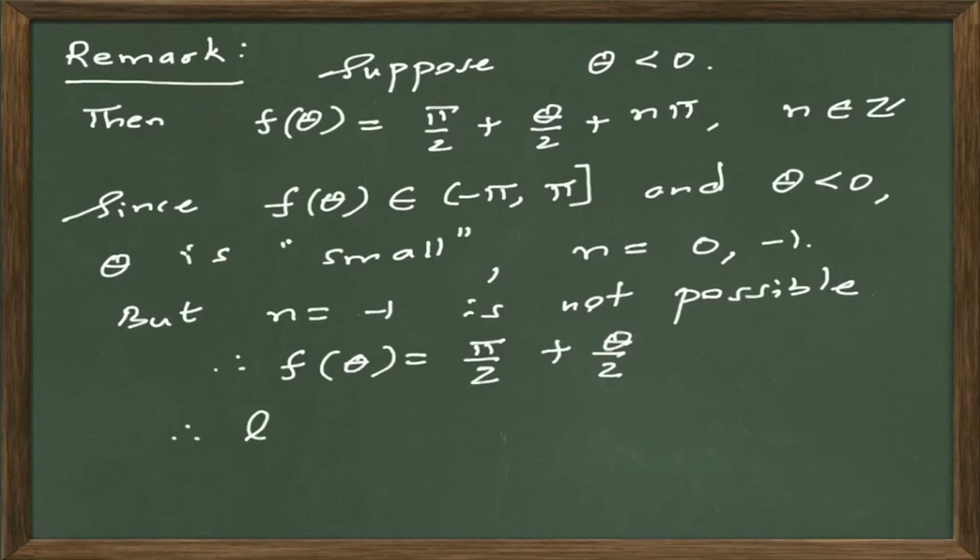Hence, the limit of f of theta as theta goes to 0 from the left is equal to pi by 2. From this, we see that the limit of f of theta from the right and from the left are different. This is not surprising since the argument of a complex number is not continuous on the complex plane.